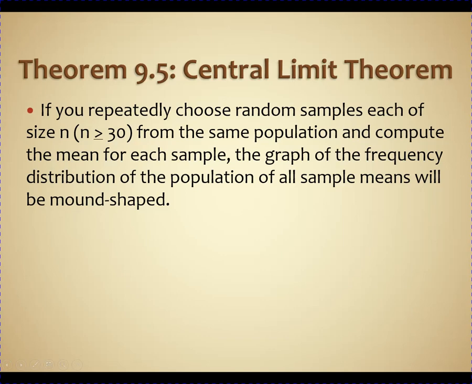What will happen is the graph of the frequency distribution of the population of all sample means will be mound shaped. So if you keep finding a bunch of samples of 30 or more, find the means, and then make a frequency distribution of those means, it will be mound shaped.